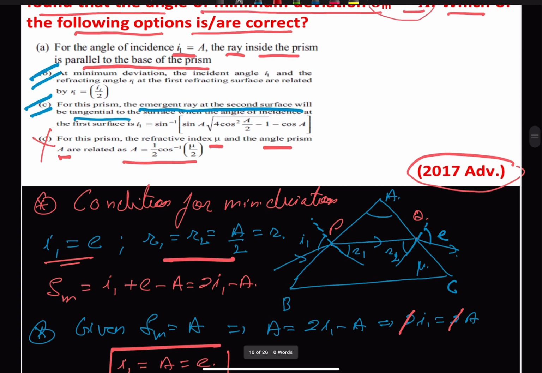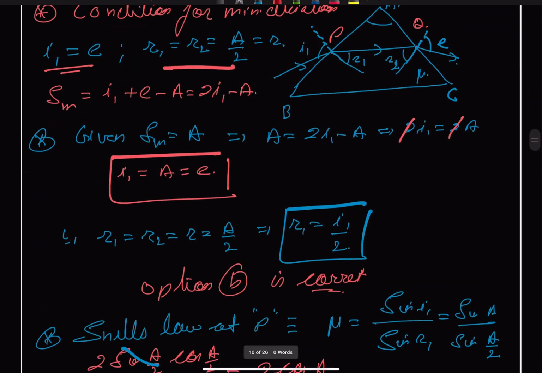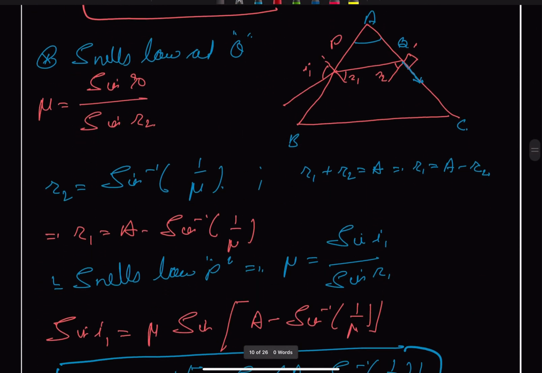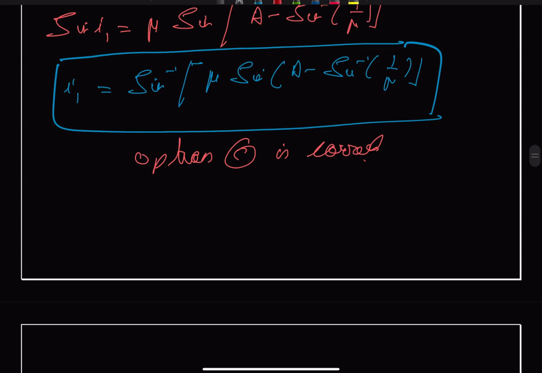Okay, and finally it says that for the angle of incidence I1 equal to A, the ray inside the prism is parallel to the base of the prism. And for minimum deviation, we already know that the ray inside the prism has to be parallel to the base. You can say for minimum deviation, our PQ should be parallel to BC.